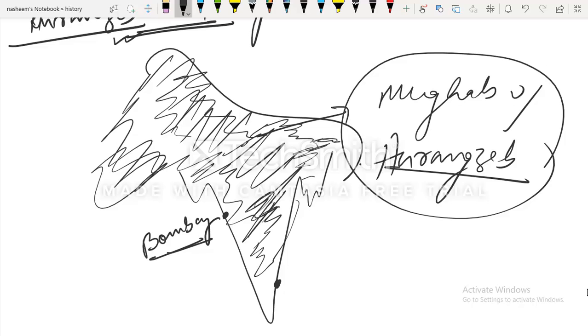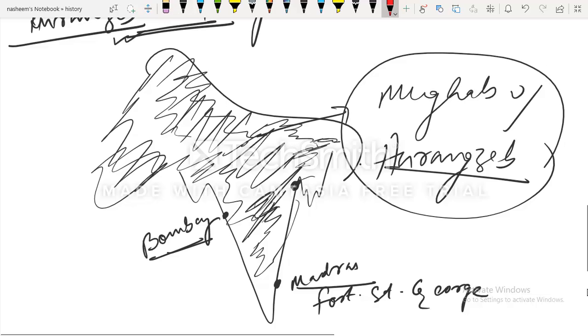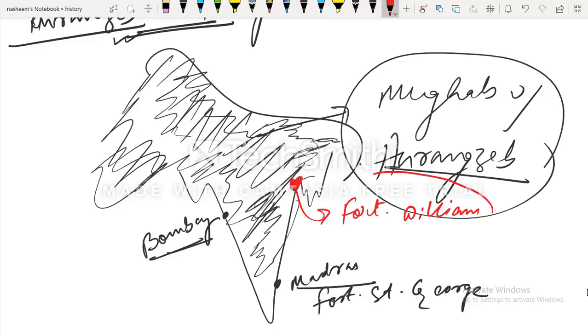Here they had it in Madras, where they had Fort Saint George. Somewhere here we had Fort William. Now this is the main thing that led it. From here, the British Empire expanded.